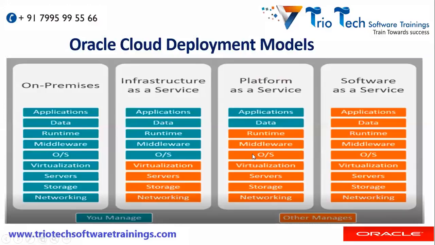Everything, even including the operating system, will be managed by Oracle itself. It is independent of the OS you use for your application user interface, but at the backend, what operating system is used is up to Oracle, and they will be managing it.